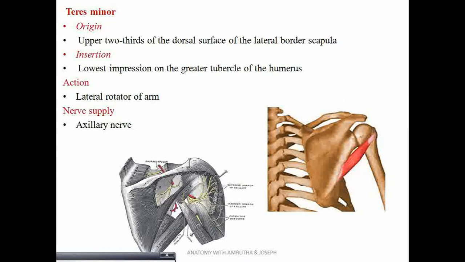Upper is for supraspinatus, middle for infraspinatus, and the lower impression is for teres minor. Teres minor is again seen here. Action: lateral rotation of the arm. The nerve supplying it is the axillary nerve. The axillary nerve supplies the deltoid muscle and also teres minor.